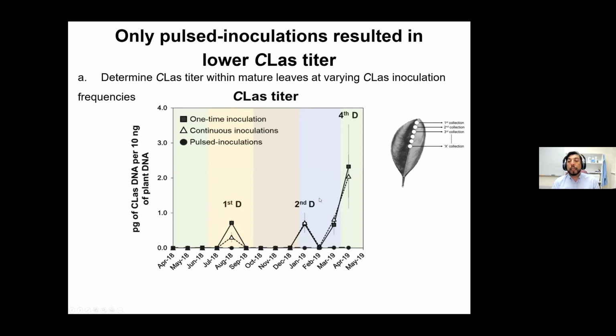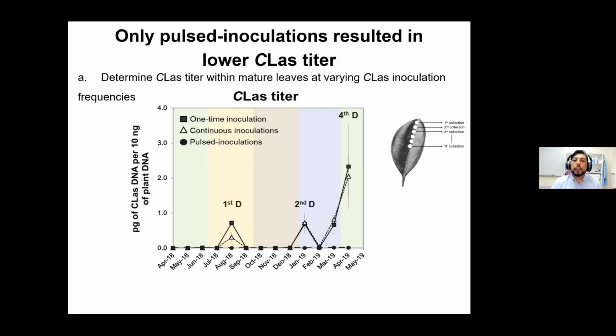But what happened is that those trees that were exposed continuously to this high pressure of insects, those plants died in month 13. So I was losing those plants. So we did not find any differences between one-time and continuous inoculation.